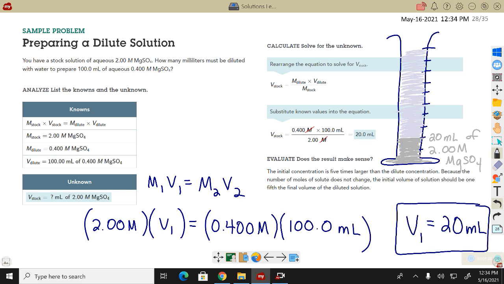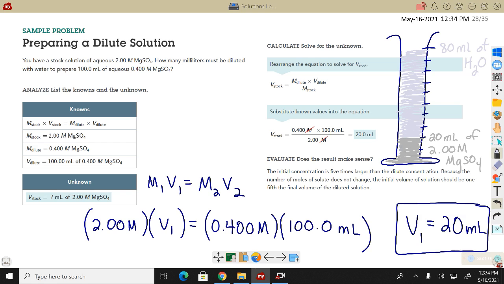There it is. So this might end up being 80 milliliters of water. So that 80 plus 20 gives me my final volume of 100. Now, it's not that I measure the 80 milliliters. I would just squirt water in until I hit that final mark for 100 milliliters total volume. This isn't so bad, right?